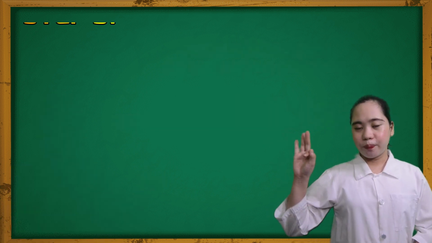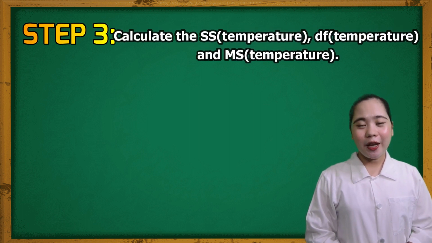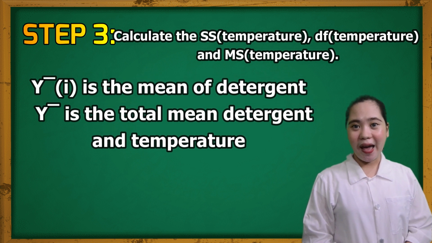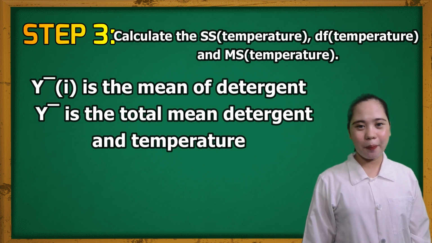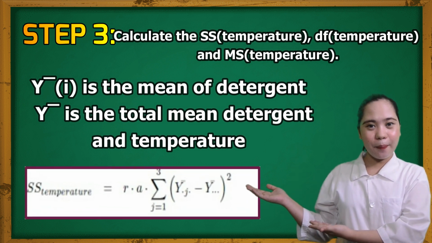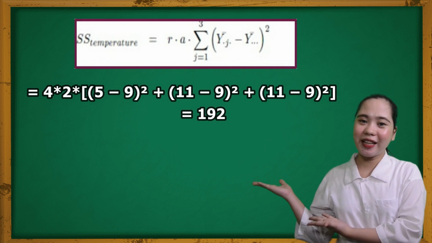Step number 3. Calculate the SS temperature, DF temperature, and MS temperature. Y sub j is the mean of temperature. Y is the total mean of detergent and temperature. Here's the formula in calculating the SS temperature, and our answer is 192.